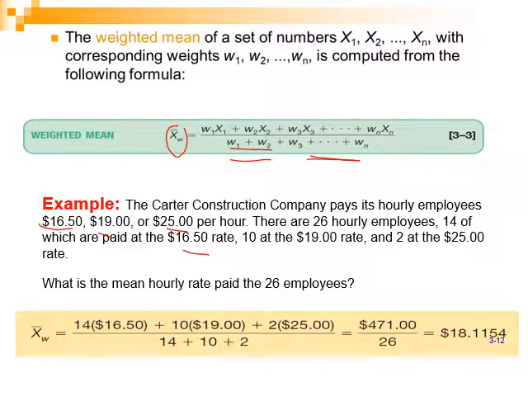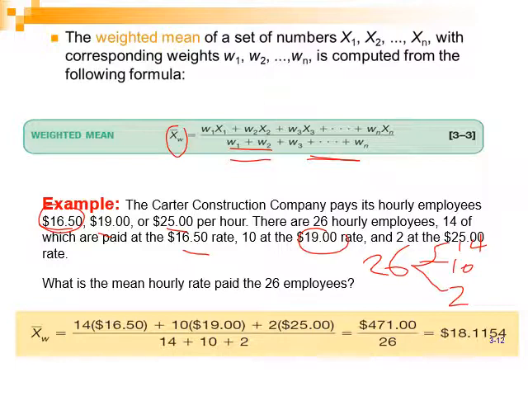Then we have 26 employees. They are 3 parts. 14 are paid the first amount, and then 10 are paid $19, and only 2 are paid $25.